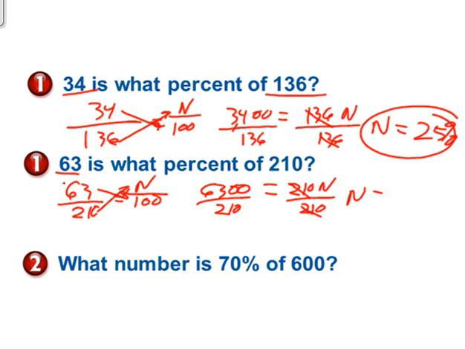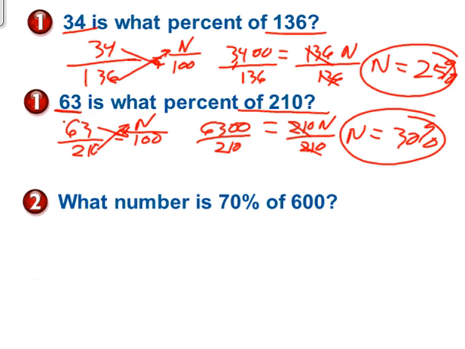That leaves just n, and n is equal to 6,300 divided by 210. And I'm going to my calculator to do that, and I get an answer of 30. So this is 30%. That tells me that 63 is 30% of 210.